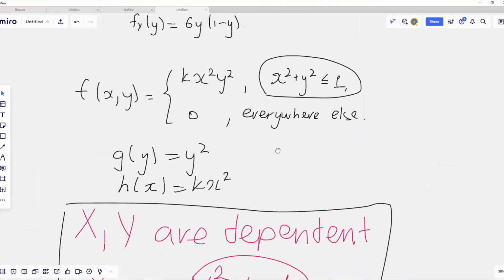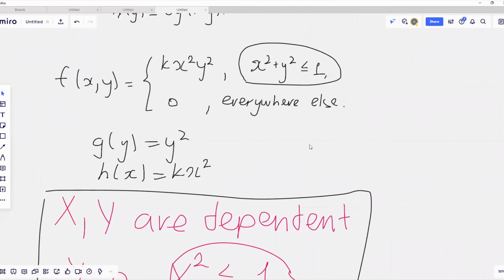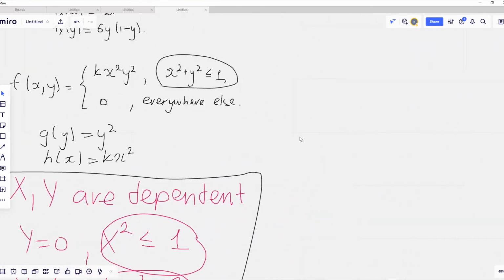Again, the reason for that is that even if we can represent our joint PDF in this form, the boundary of the region where the joint PDF is non-zero here is curved, and we need a rectangular boundary with sides that are parallel to the coordinate axes.